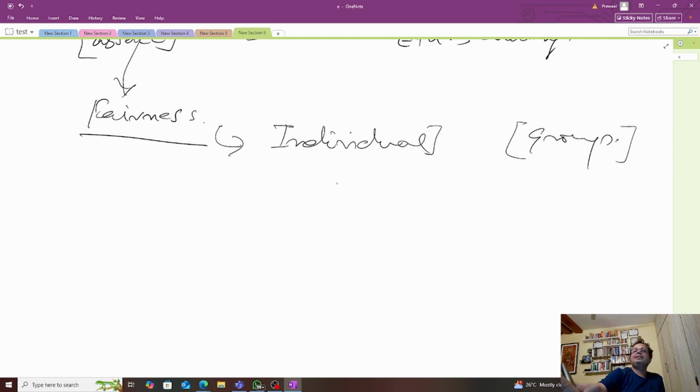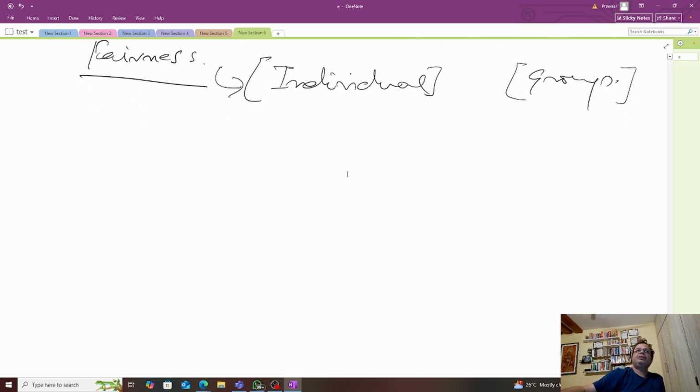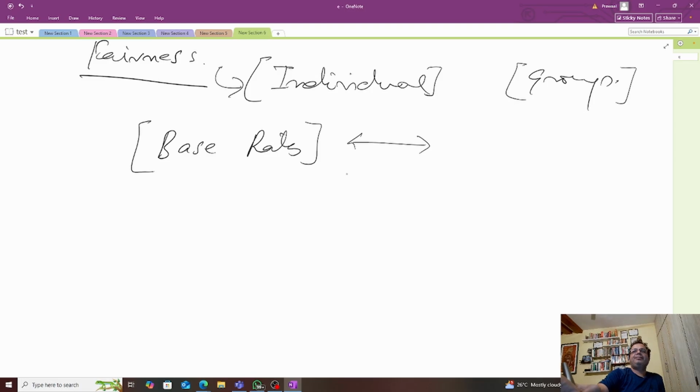Okay, and it is mathematically impossible to build an algorithm which is fair at an individual level and at a group level, especially because base rates among various groups are not always the same. Most of the time they are not the same. In the US, between say Blacks and Whites, Whites will have a better credit score than Blacks.